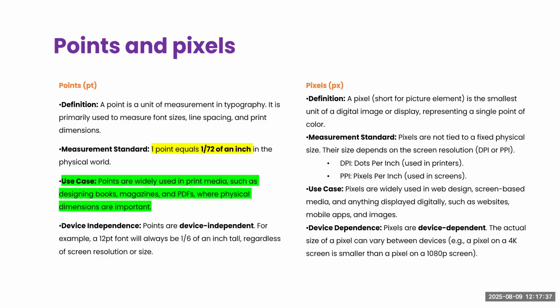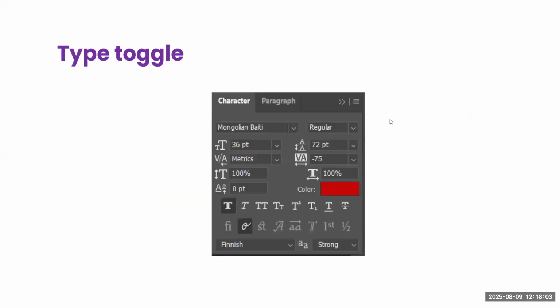But when we come to printing, we use points. So imagine if you want to print something, if we are using fonts, it's better to use points. But if we are using fonts for a website, we can use pixels.